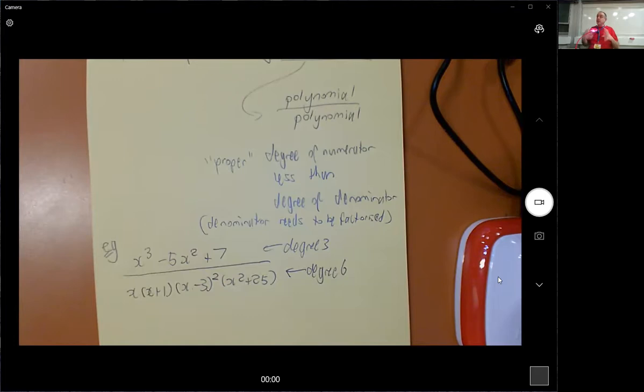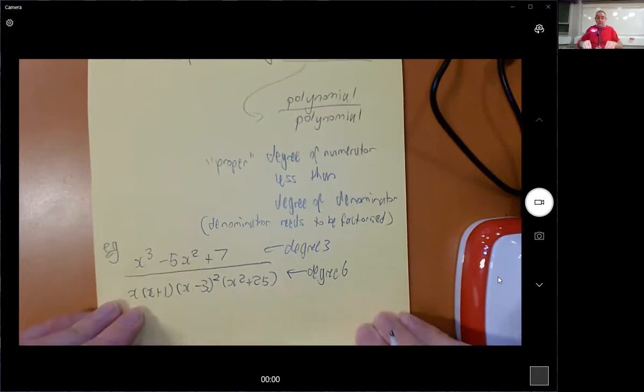The point of partial fractions is to split your rational function into several different fractions. And I already can see a way of splitting it into several different fractions.